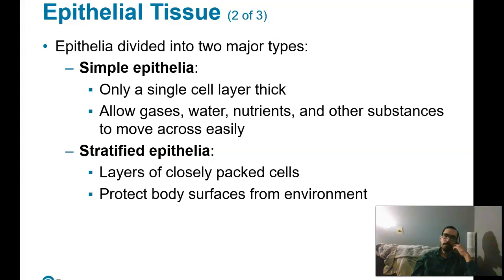These are mainly to protect the body from the environment, like the stratified squamous epithelia that you saw in lab. So these are in areas that take a lot of damage, like the lining of your mouth, places like that.